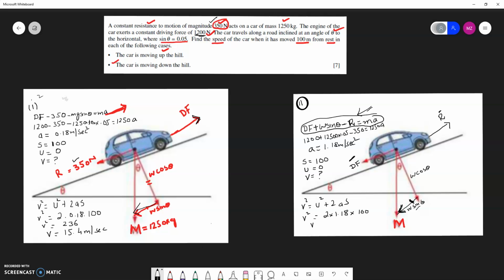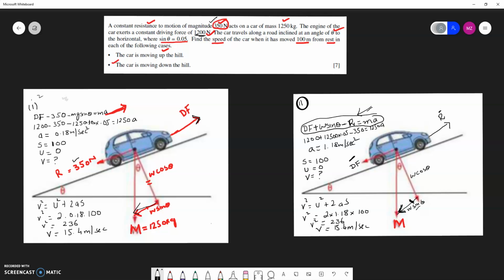So V square is equal to that will become 236, and this will become 15.4 meter per second.